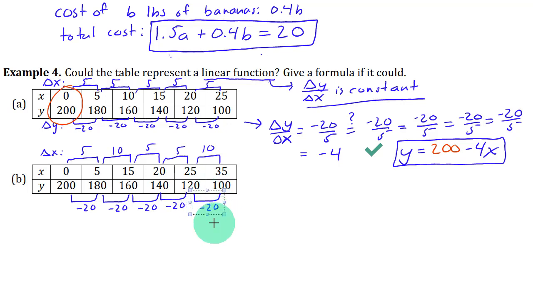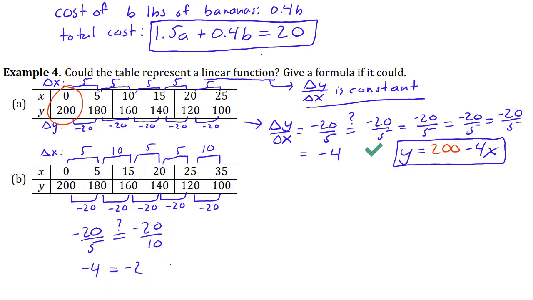So sometimes from this point to this point, you'll have negative 20 over 5, but then is that equal to, over here we have negative 20 over 10? Well, negative 20 over 5 is negative 4, and negative 20 over 10 is negative 2.